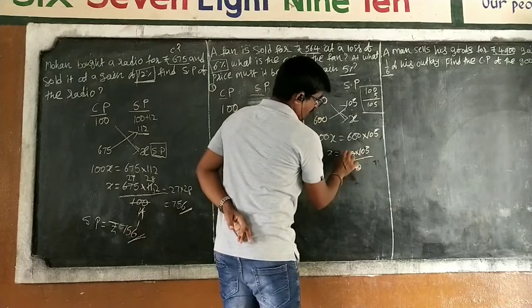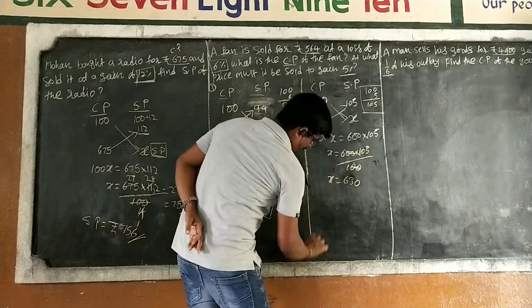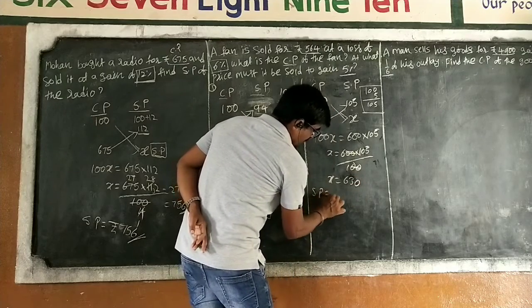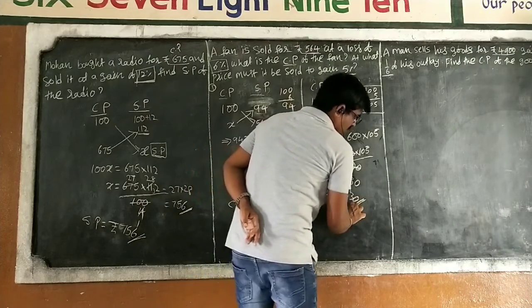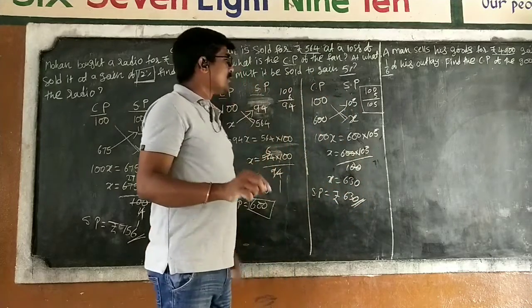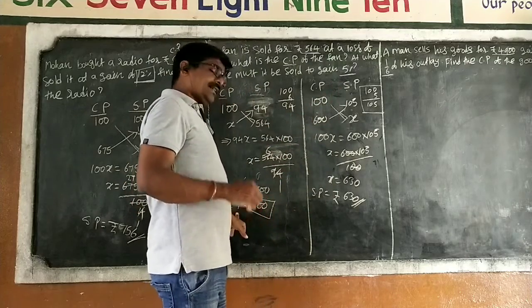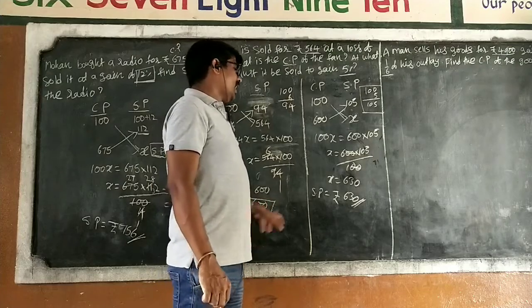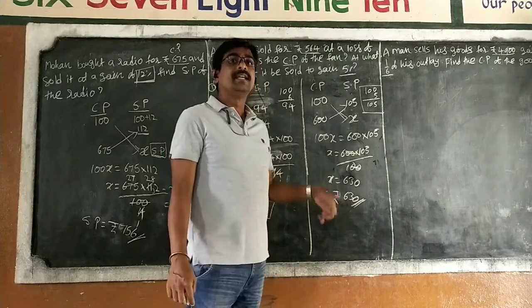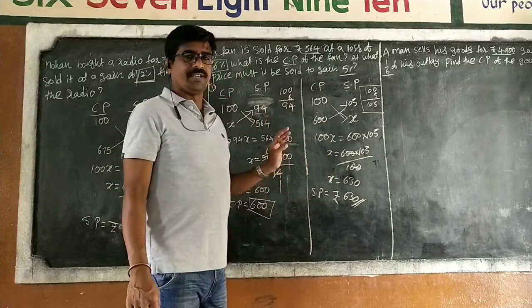X is equal to 6 into 105, which is 630. Therefore, the selling price is rupees 630. Simple thing. So if you want to gain 5%, with the cost price of 600, it has to be sold for 630 rupees. Then we will get a 5% benefit.